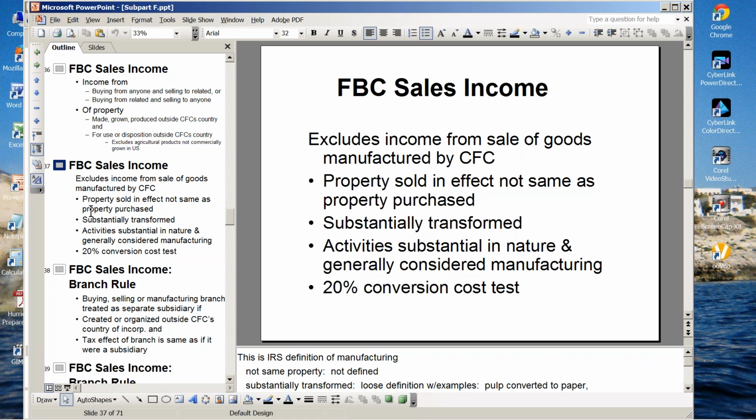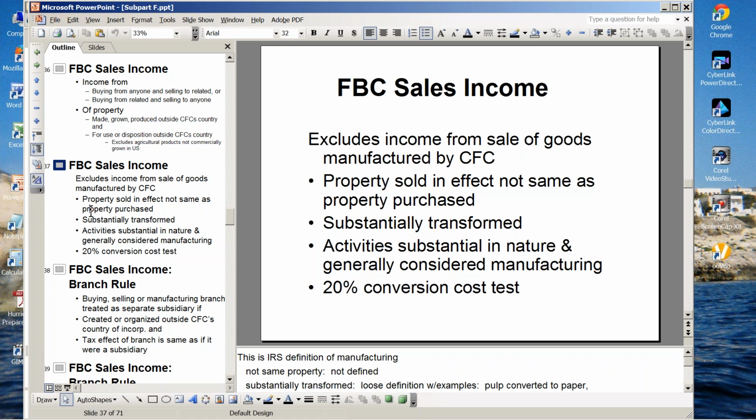So how do we tell if something's manufactured? 4 possible tests, and meeting any one of these gets us out of Subpart F income. First, the property sold is in effect not the same as the property purchased.